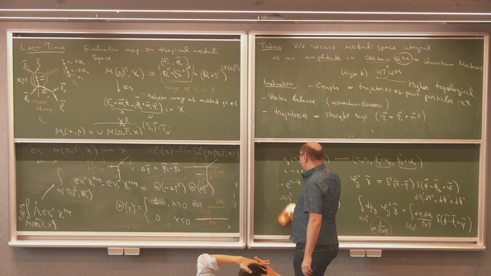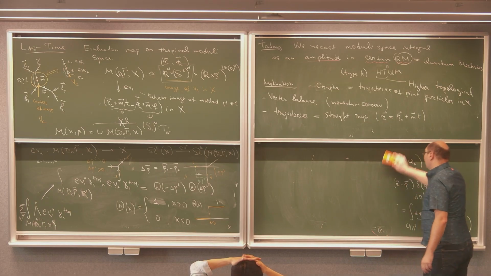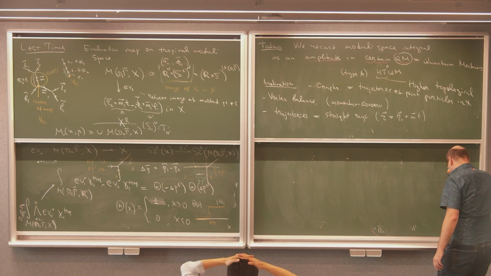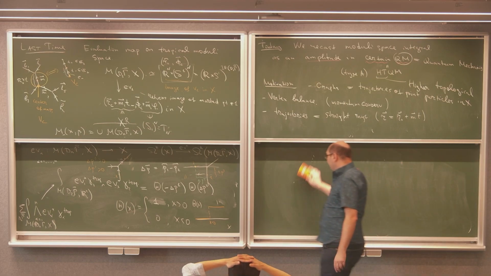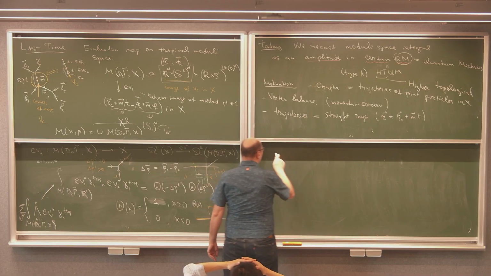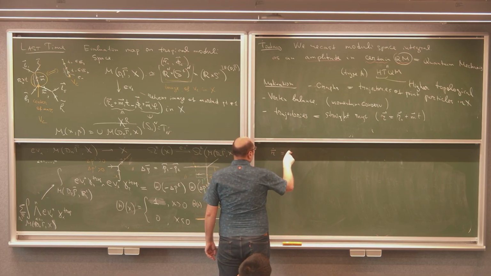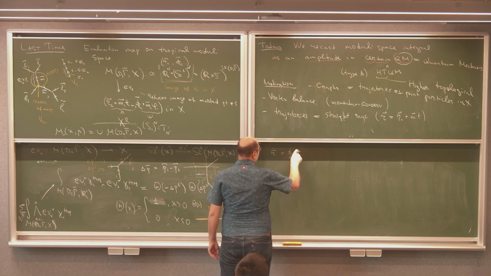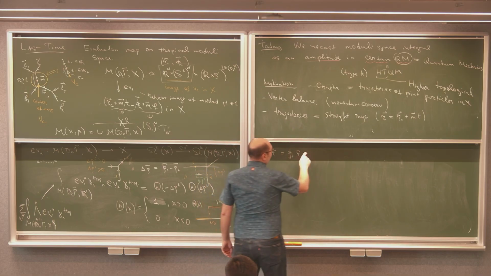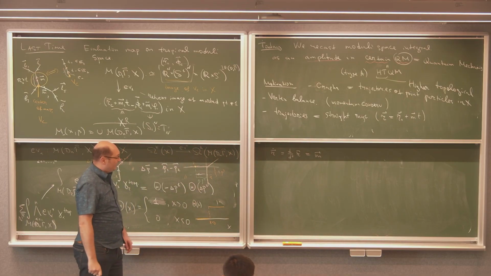Because in ordinary classical mechanics, trajectories being straight rays mean the following thing. If I look at the time derivative for this radial position, then the time derivative for radial position is just this constant vector m.